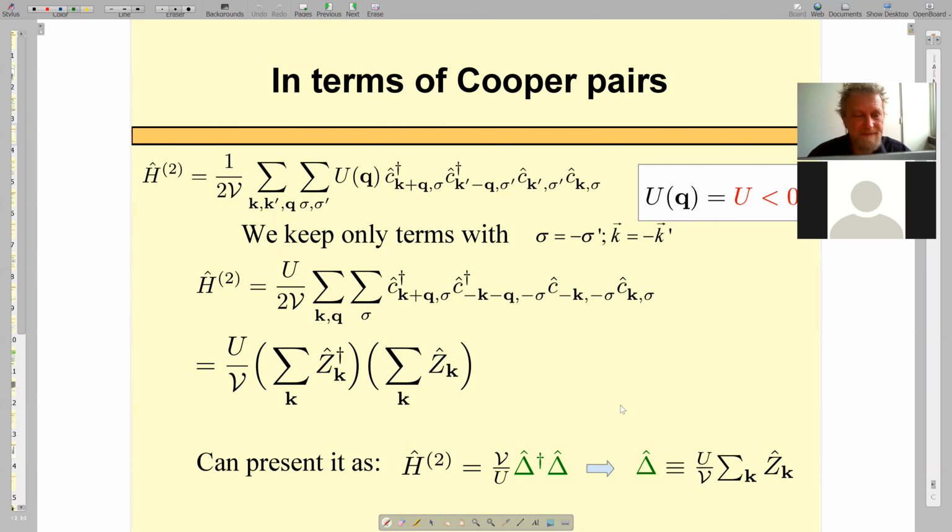I would just sort out the terms and concentrate only on the terms which I like.